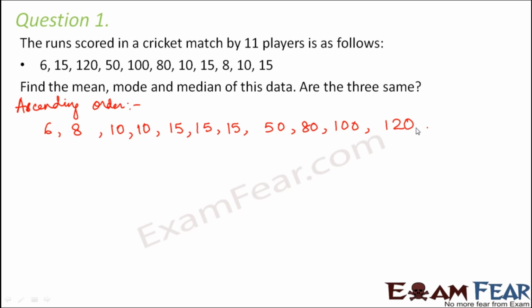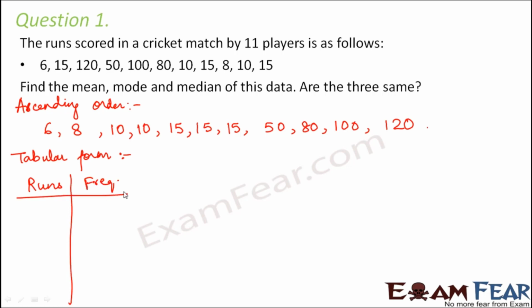So let us also try to arrange the same data in tabular form. How do we arrange it in tabular form? We have one column for the runs and another column for the frequency. If you want, you can have another column for tally as well. Otherwise, you can directly have frequency also. Here, in this table, we are not going to repeat the data.